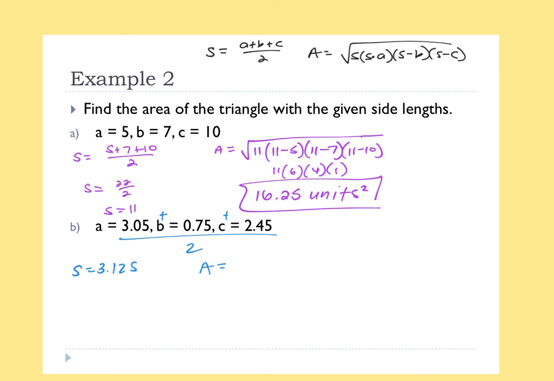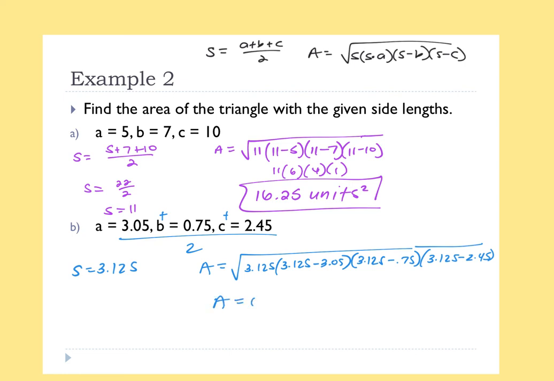So my area is the square root of 3.125 times 3.125 minus 3.05, times 3.125 minus 0.75, times 3.125 minus 2.45. And it's 0.612, so it's 0.61.